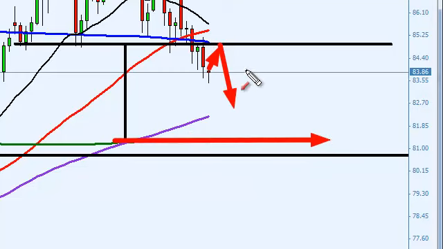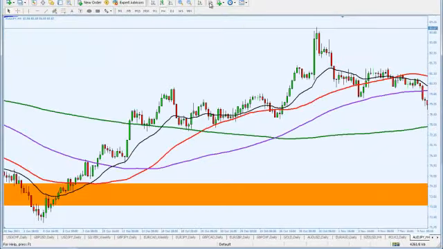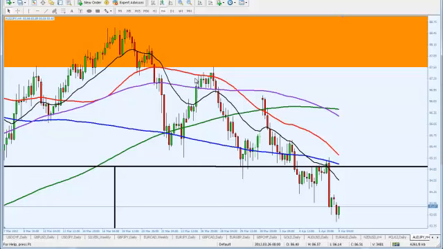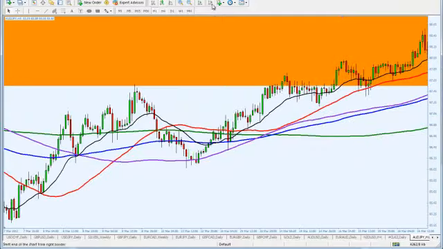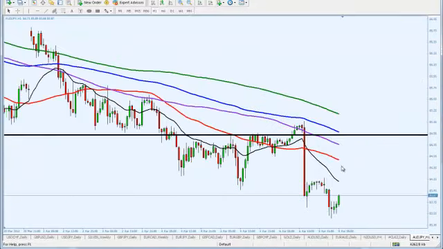Okay, so we will just wait until we reach our targets. We see that the price is moving in a downtrend here in a 4 hour channel, and as long as the price is under the 50 moving average and the 100 moving average on the 1 hour, we could expect that the price stays in a down move.